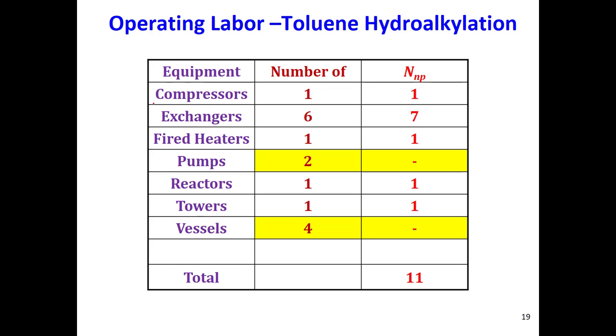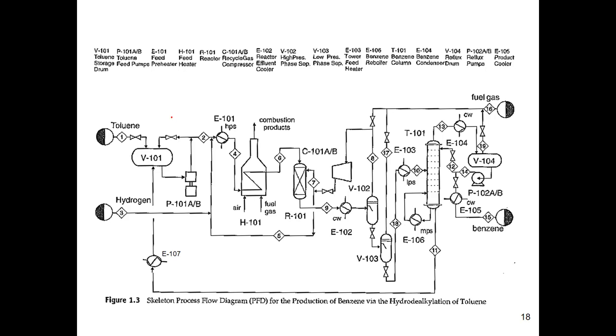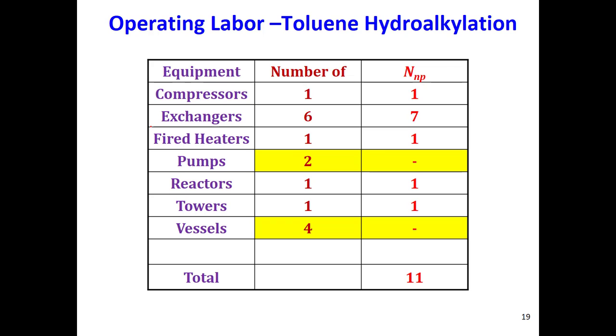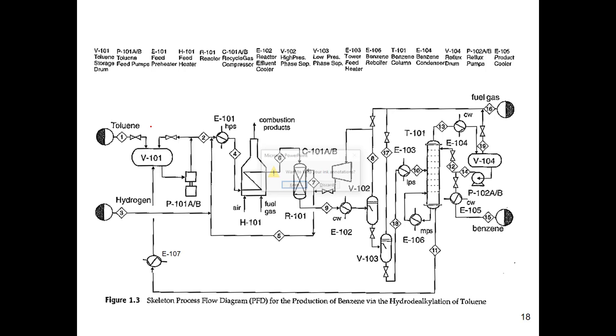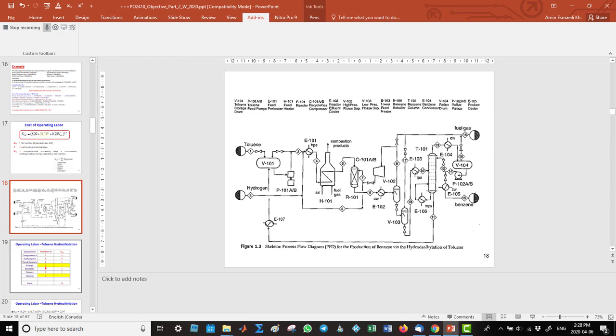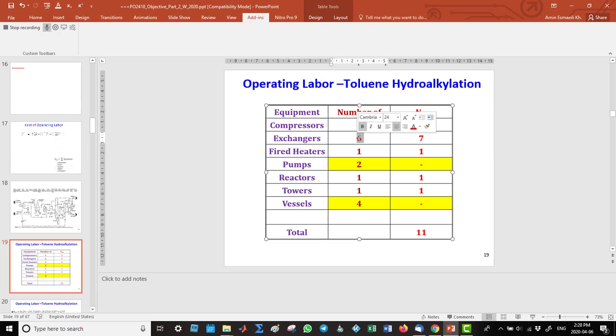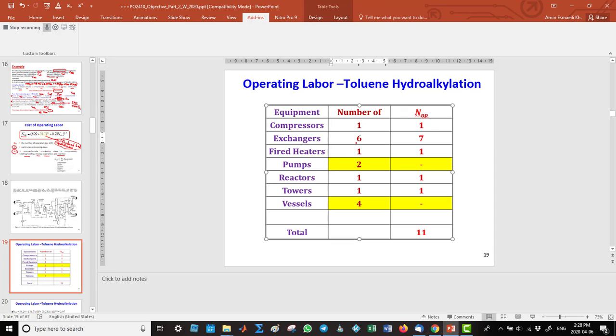So you go one by one. Please make a correction here: here we have 7.